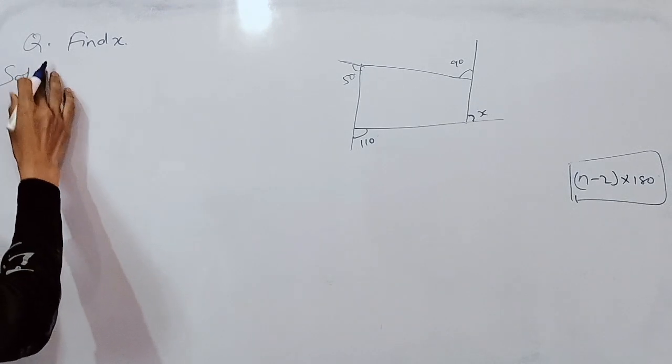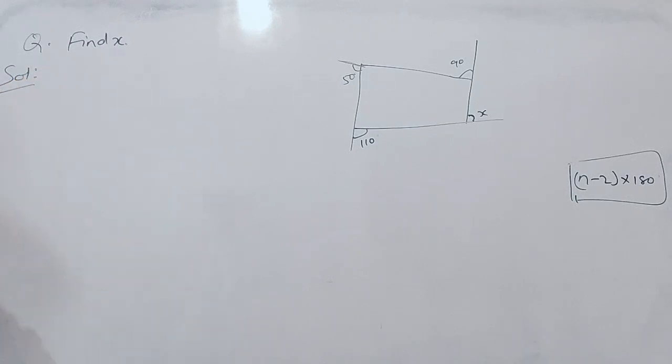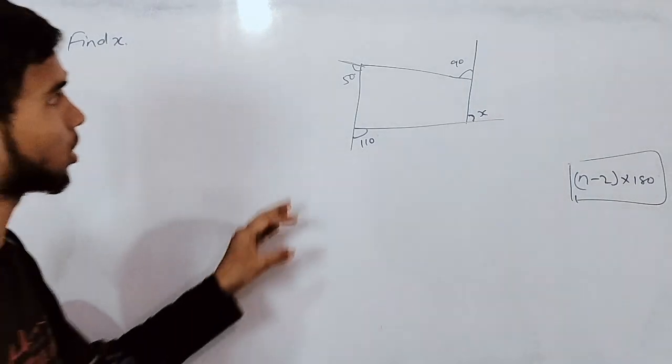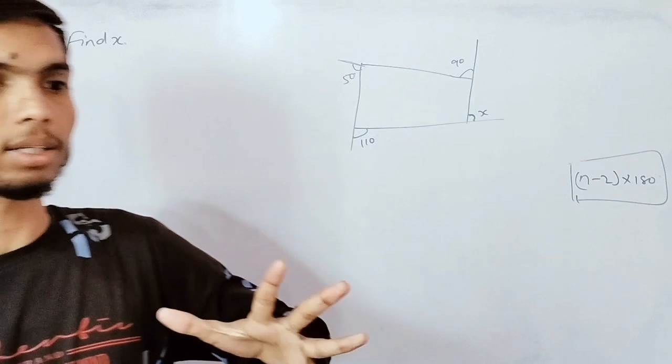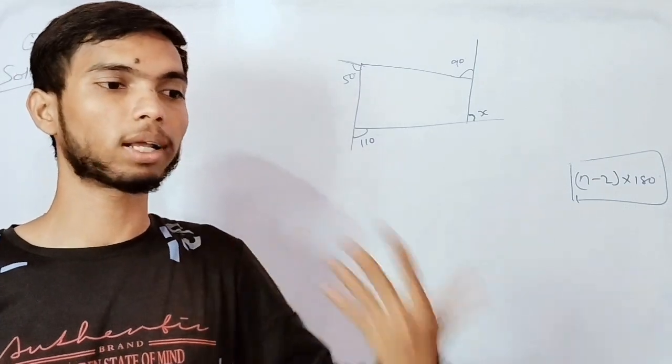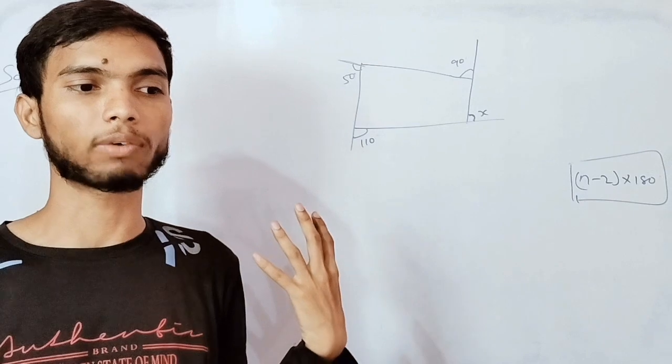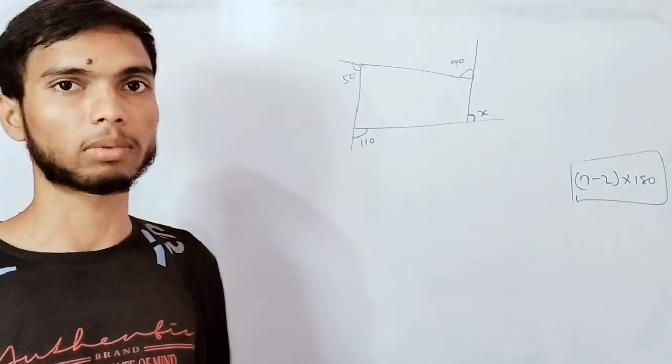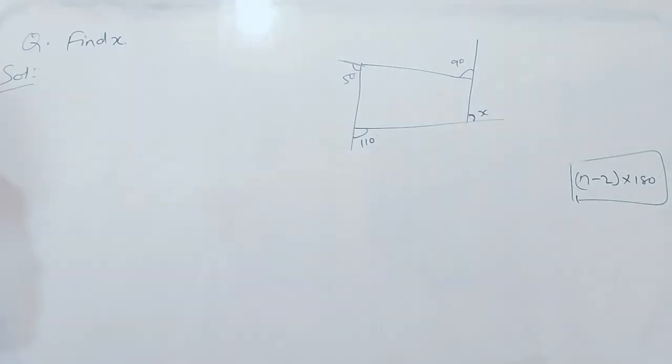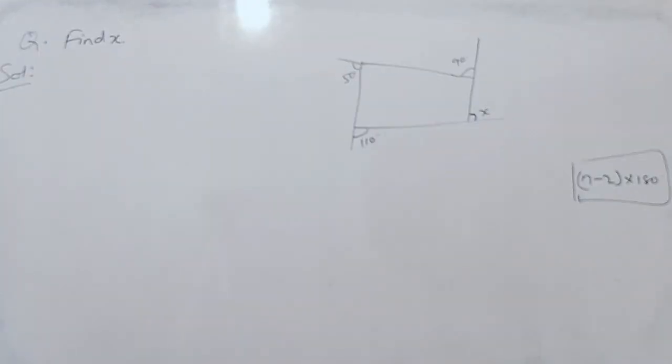One point to always remember: the sum of all exterior angles outside the quadrilateral would make the same 360 degrees.